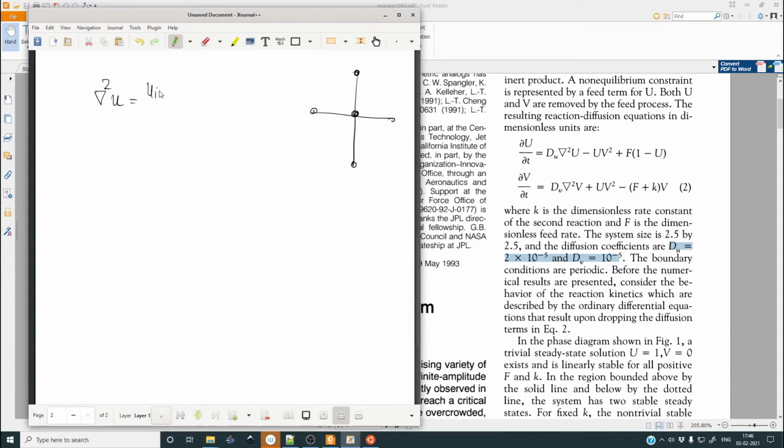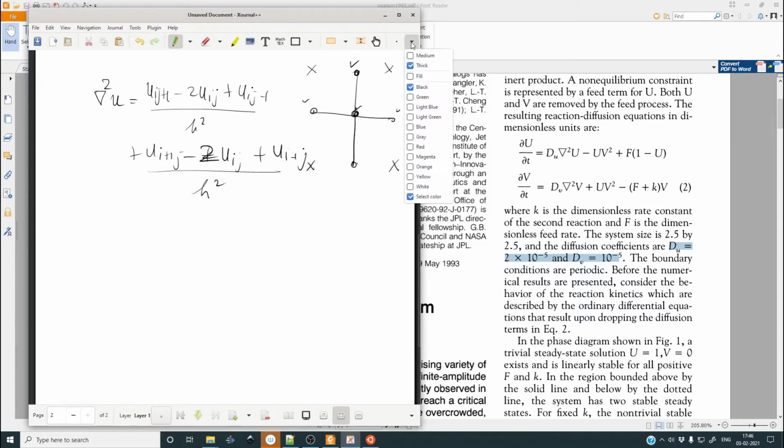So it's (u_i,j+1 minus 2 u_ij plus u_i,j-1) by h square plus (u_i+1,j minus 2 u_ij plus u_i-1,j) upon h square. So when it's like this, you're writing it simply in terms of these terms while disregarding the contributions from this term. And usually it's fine, nothing fancy happens.